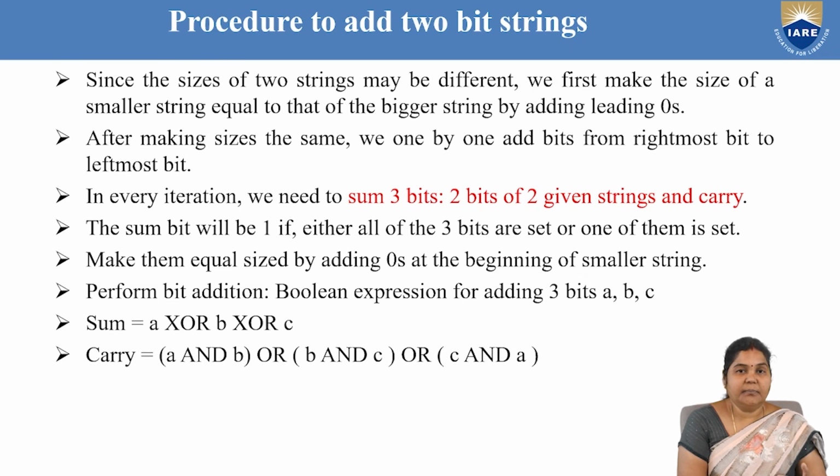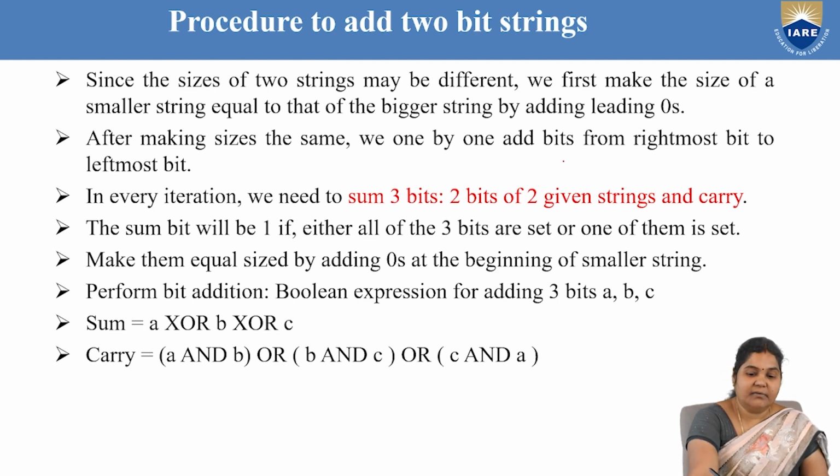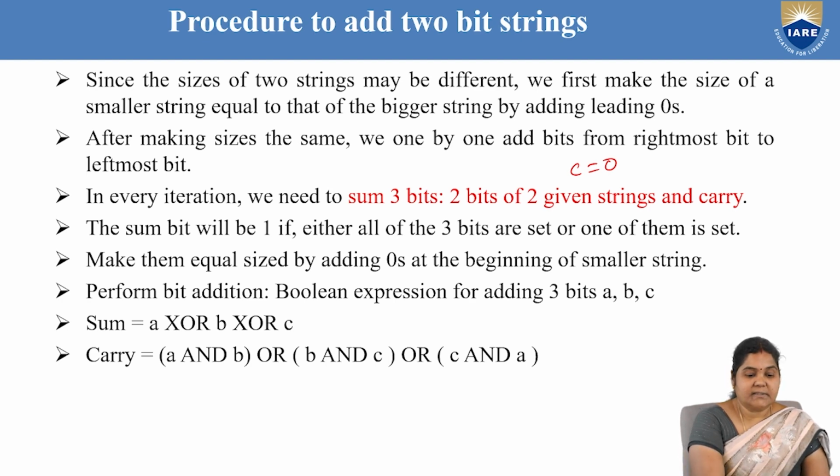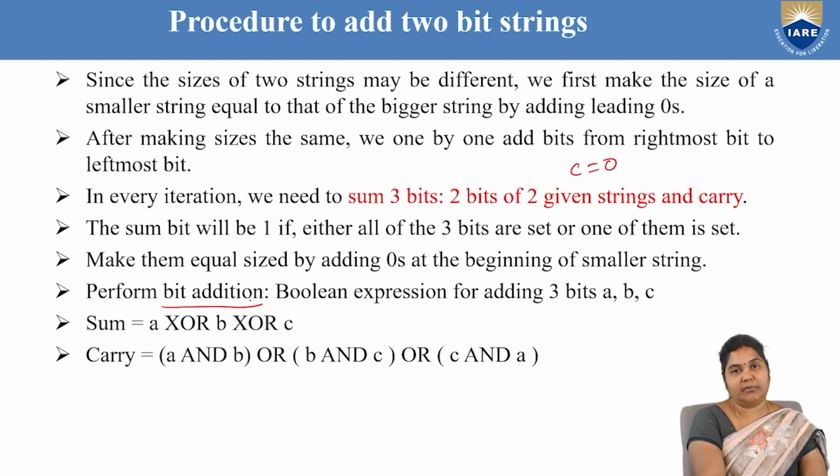If both the bits are 1, then the carry will be generated. So let us assume that there is a carry, which is initially 0. And if after adding 2 bits it generates a carry, then you have to add it to the next bit.